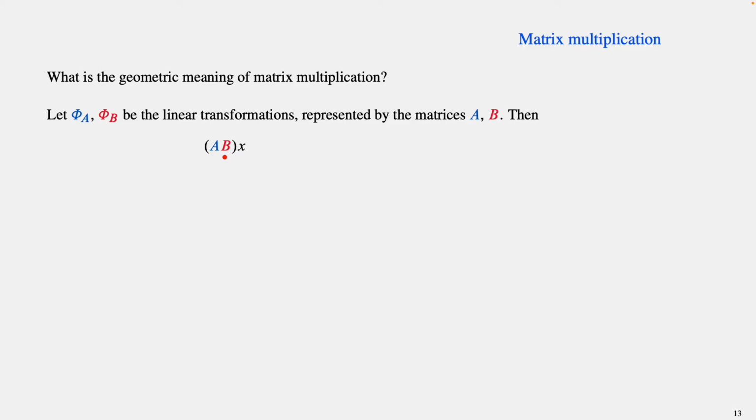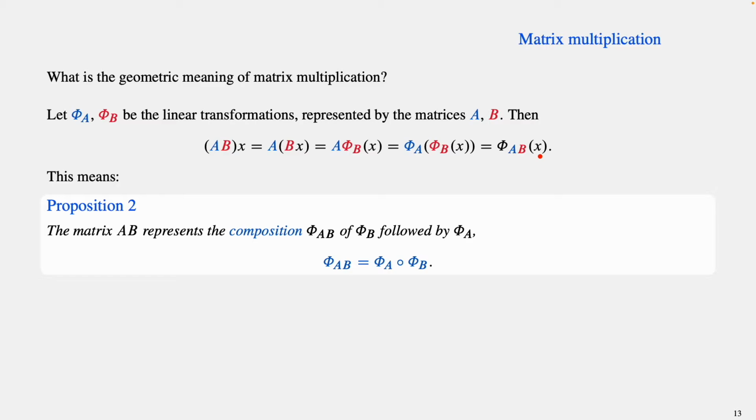If we apply the matrix product A times B to a vector X, this is the same as multiplying matrix A by the vector we obtain by applying the matrix B to the vector X. And this is the same as applying the linear map phi index B to the vector X. So overall we have matrix A multiplied by the vector phi index B of X. But multiplying this by A is the same as applying the linear map phi index A to the vector phi index B applied to X. We call this phi AB, the linear map defined by the product of the two matrices AB applied to X.